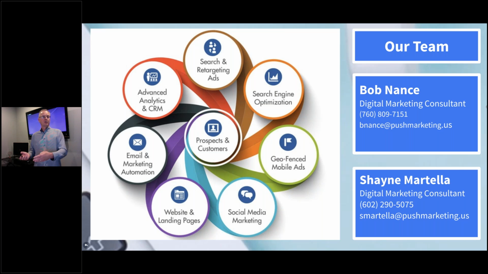Geofencing, targeting your competitors. Social media marketing, which we just talked about, the lead generation ads. Also making sure that your website and landing pages are up to speed with the marketing you're putting out. If you're putting out great marketing and your website isn't up to speed, then it doesn't work that well.